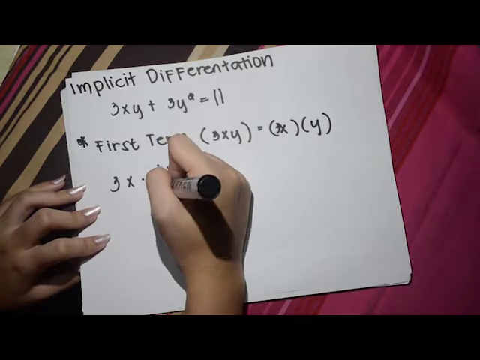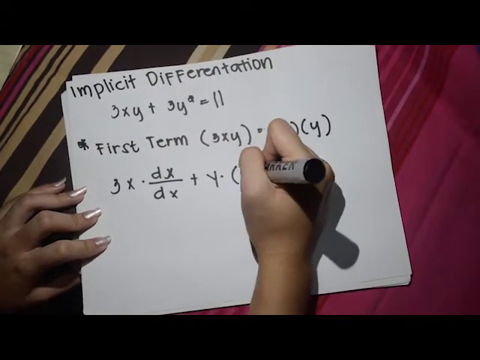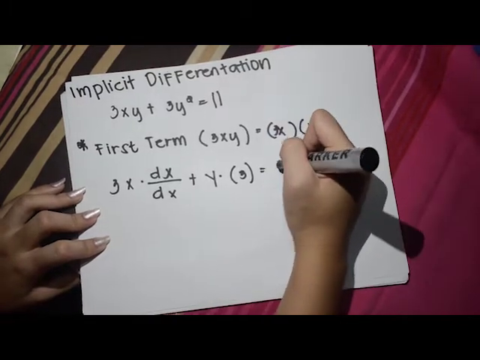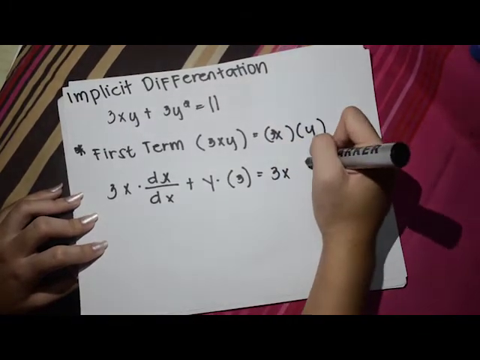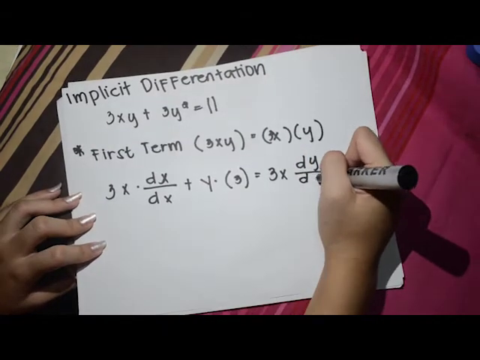X times dy over dx plus y times 3 is equal to 3x dy over dx plus 3y.